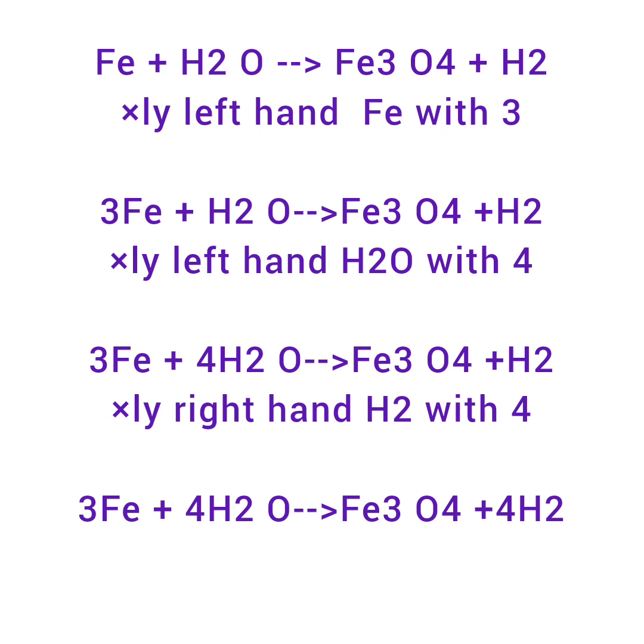Similarly, the number of atoms of hydrogen on the right hand side are also 8. 4 into 2 is equal to 8. The number of atoms of oxygen on the left hand side are 4. Similarly, the number of atoms of oxygen on the right hand side are also 4. Thus, an unbalanced chemical equation becomes balanced.